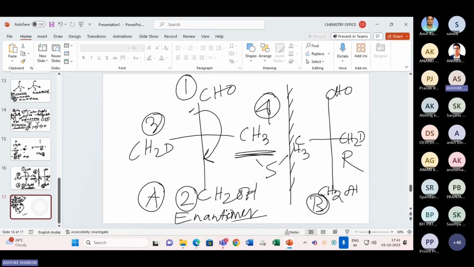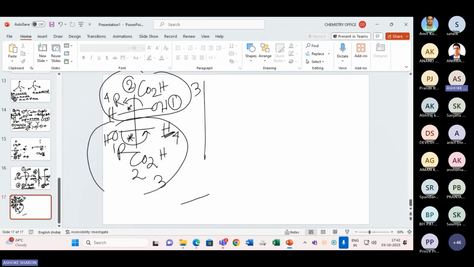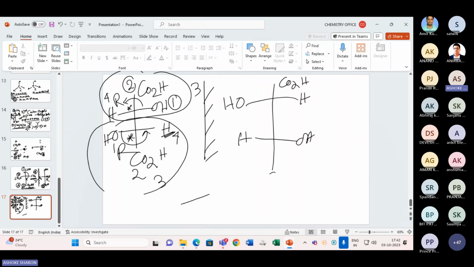Okay. For example, here, if you put a mirror here, what do you observe? OH here, hydrogen here, OH here, hydrogen here, CO2H group is here, and that CO2H group will not change position. So that center is R, definitely that will be S. So again, if I consider this molecule A and molecule B, the relationship will again be enantiomer.